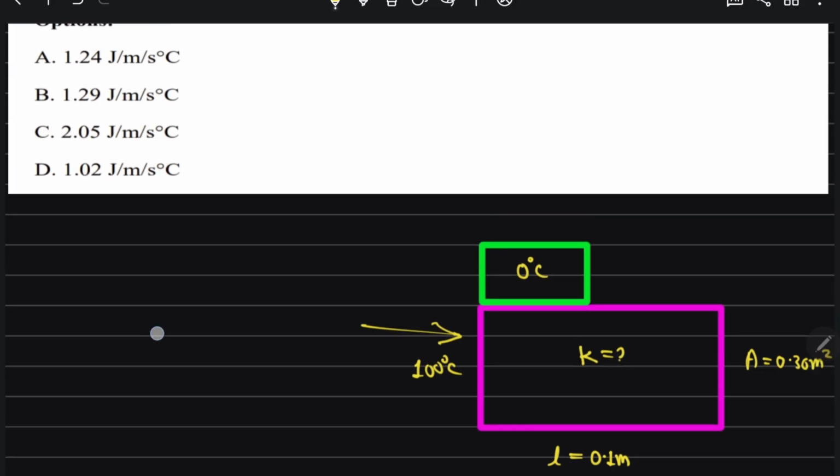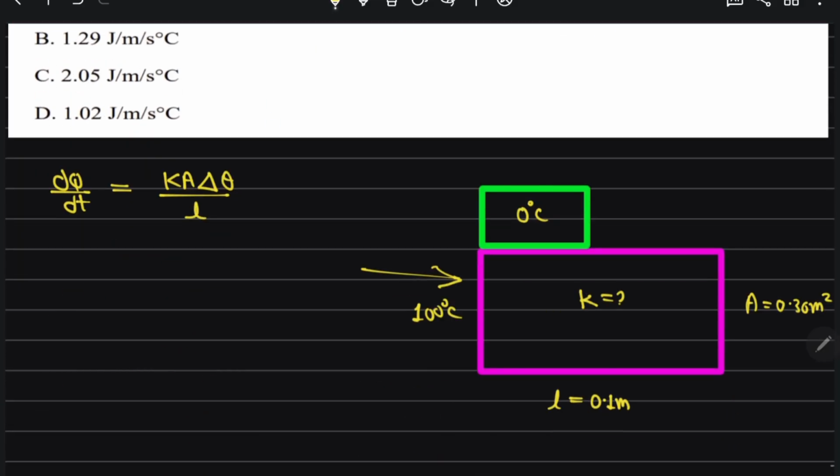We know that the rate of flow of heat is equal to K A delta theta by L. So delta Q by delta T is equal to K times the area, 0.36 meter square, times the temperature difference 100 minus 0, divided by the thickness 0.1 meter.